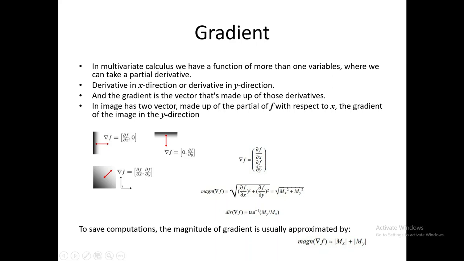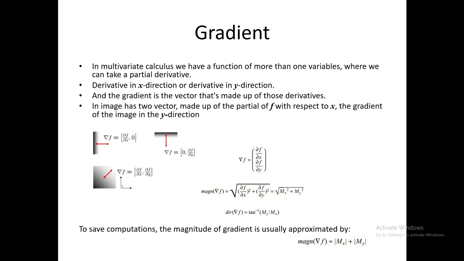The magnitude of this gradient is given by the square root of the sum of squares of its components, and the direction is given by tan inverse of the ratio of the derivative along the y direction to the derivative along the x direction.